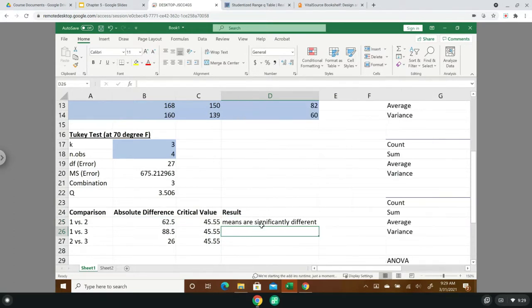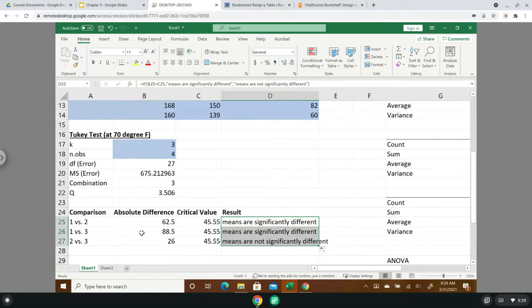So yes, absolute difference is higher than the critical value. That means mu1 and mu2 are significantly different from each other. That means there are differences in material type 1 and material type 2 in terms of their effect on battery life. And then we can just autofill this. Material type 1 and 3 are also different.